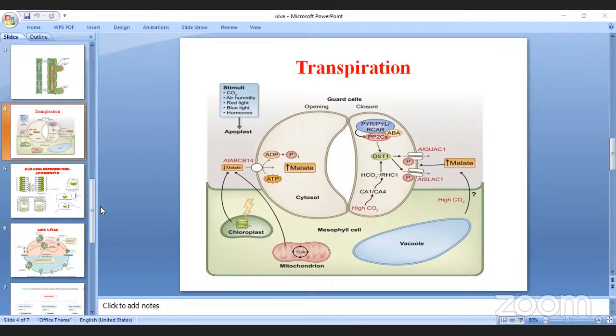Actually, when atmospheric nitrogen is converted into ammonia or nitrate or nitrite, then the plants can absorb it. Atmospheric nitrogen can be converted into ammonia by the rhizobium bacterium from leguminous plants.